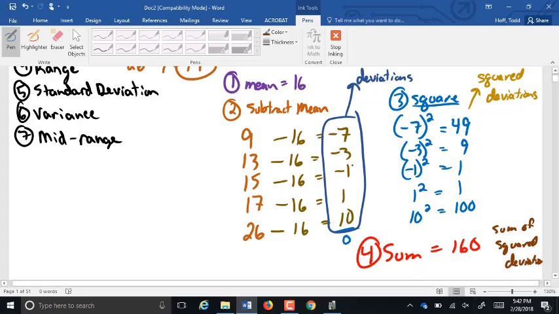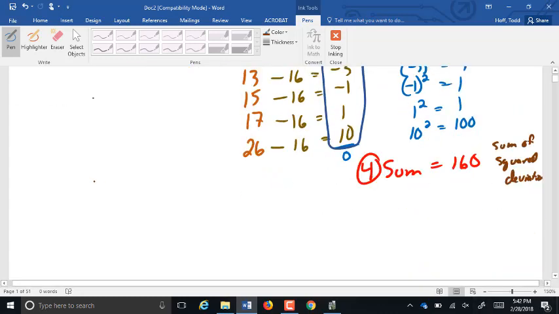What is step 5? You divide by n minus 1. Well, we said here that n equals what? The number in the set. So that would be 5 in this case.